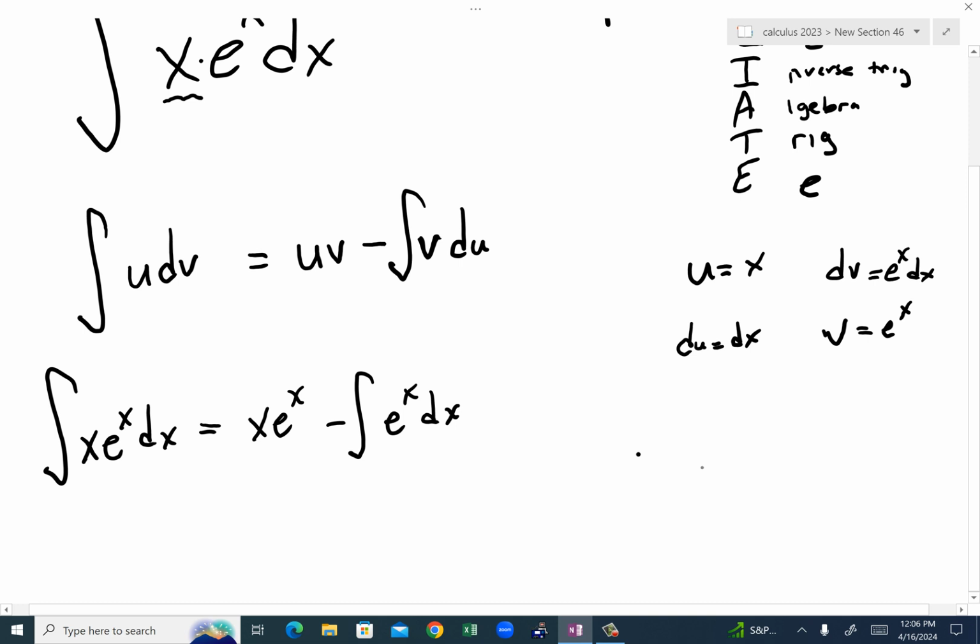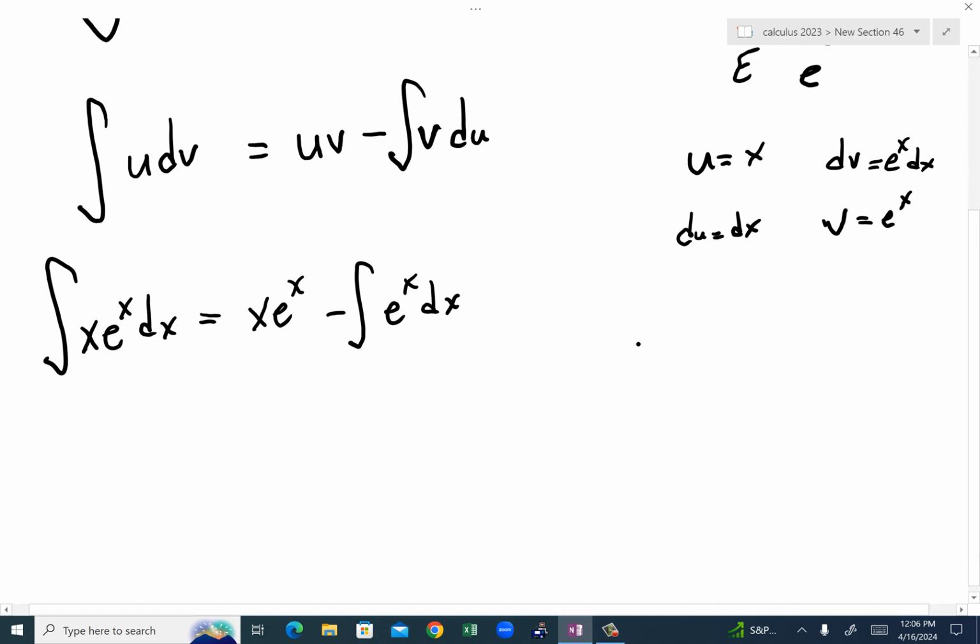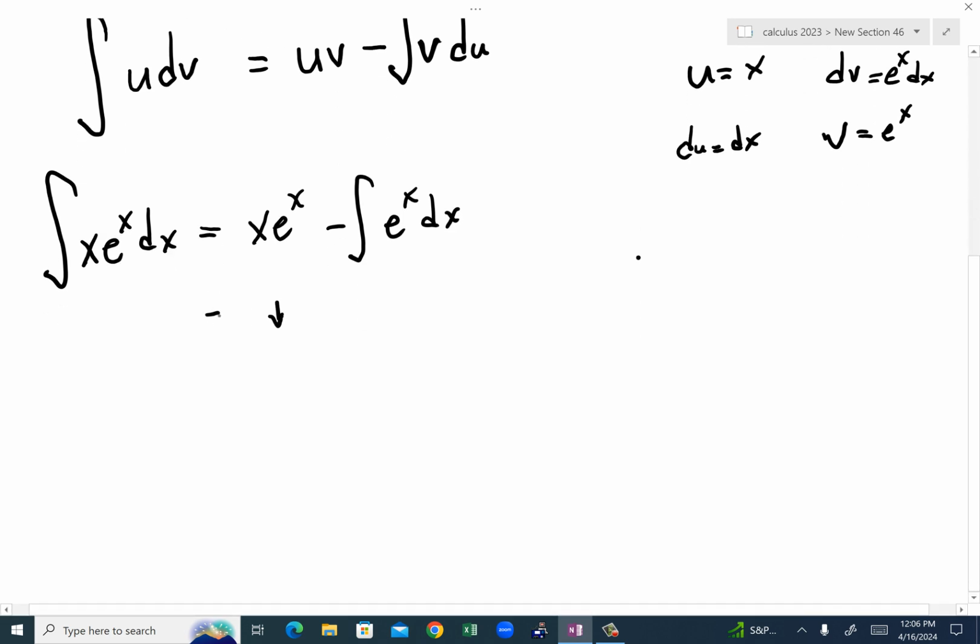We're not done yet. We just followed the pattern. Do you see it? This piece just comes straight down: x e to the x minus e to the x plus c. That's it.